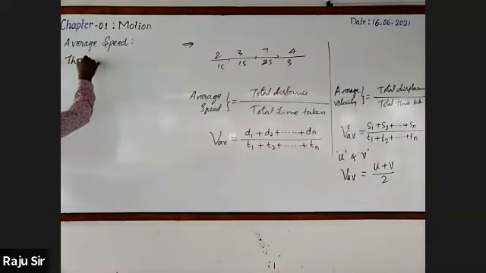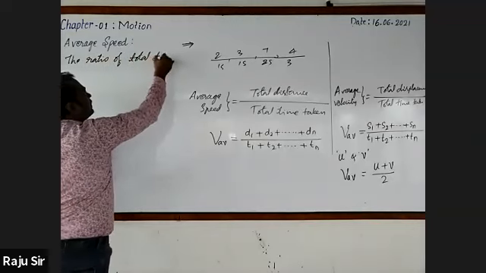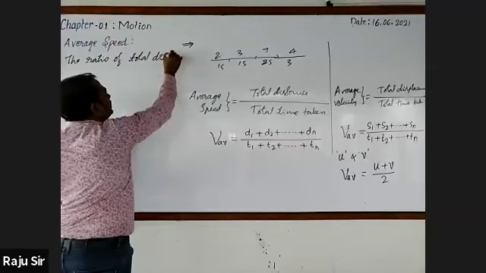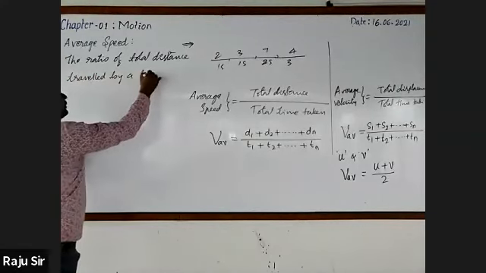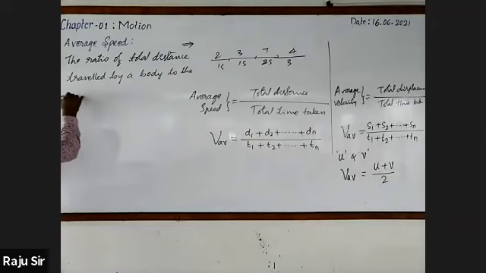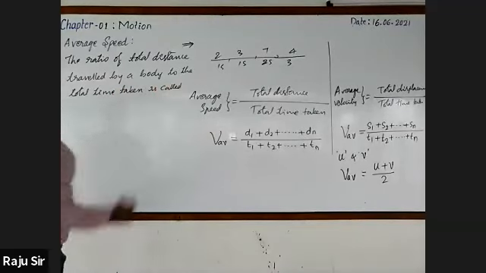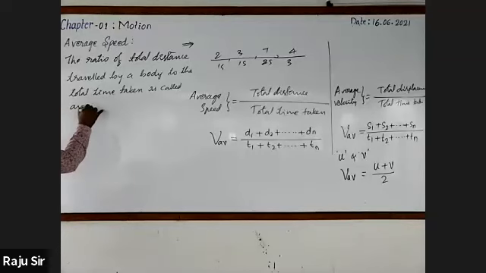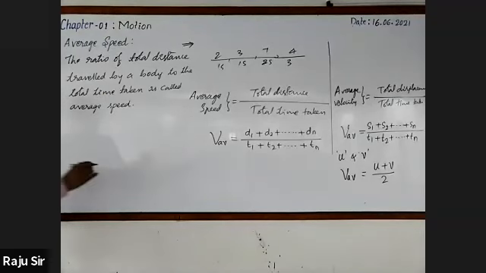The ratio of total distance traveled by a body to the total time taken is called average speed. Average speed. And you may write this formula.